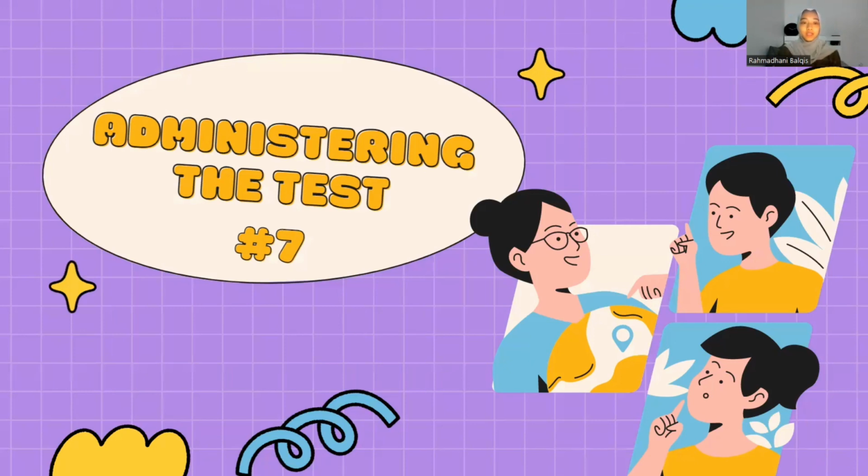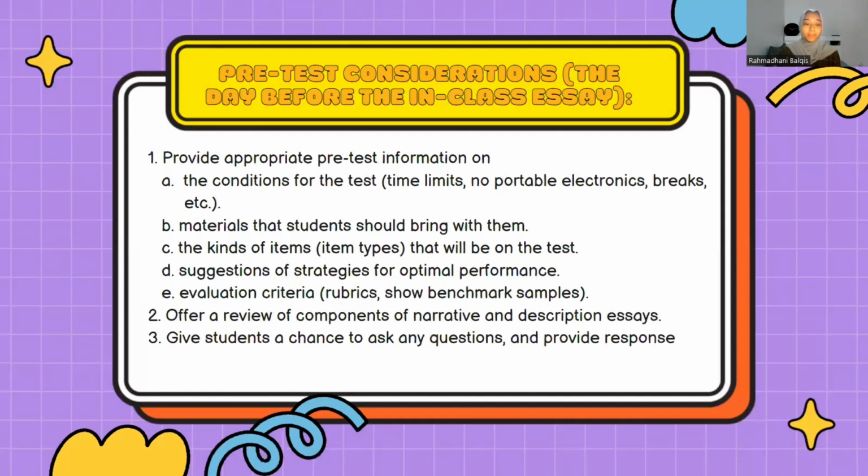Okay, the next is administering the test. The point is you can see on page 83, in any test session, there are pre-test considerations for the day before the in-class test is given. The first is to provide appropriate pre-test information on A, the conditions for the test, like time limits, no portable electronics, breaks, and so on.